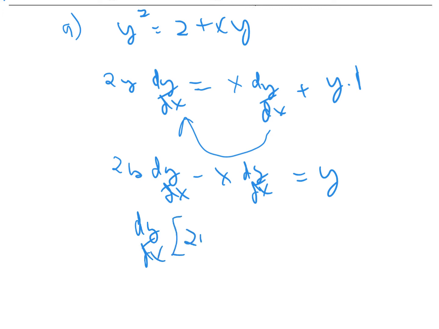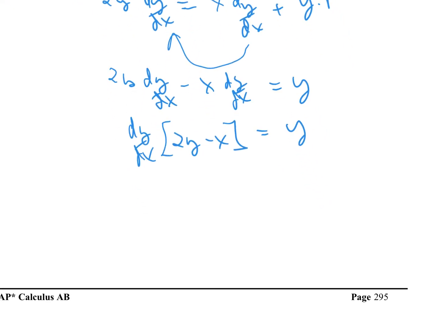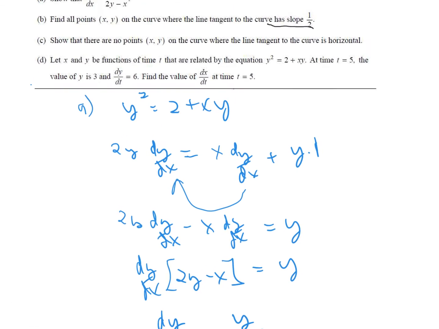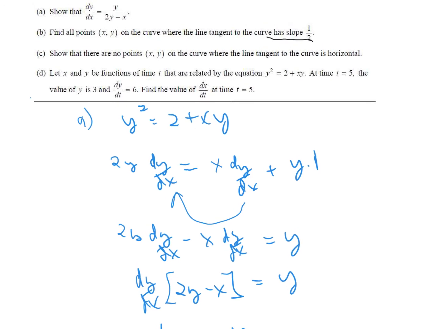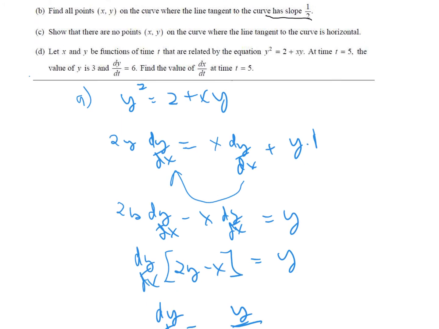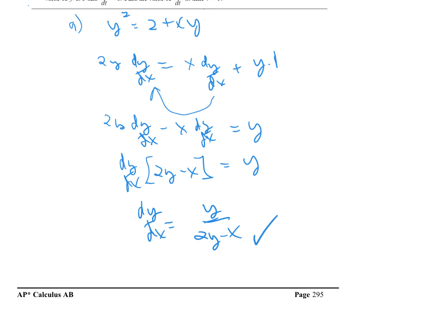That leaves a 2y minus x equals the y. Divide both sides by whatever is next to dy dx, and I get dy dx equals y over 2y minus x. Is that what he said he got? That is what he said he got. So check.